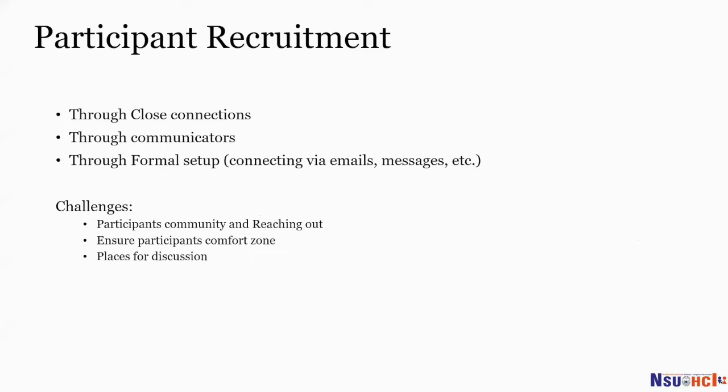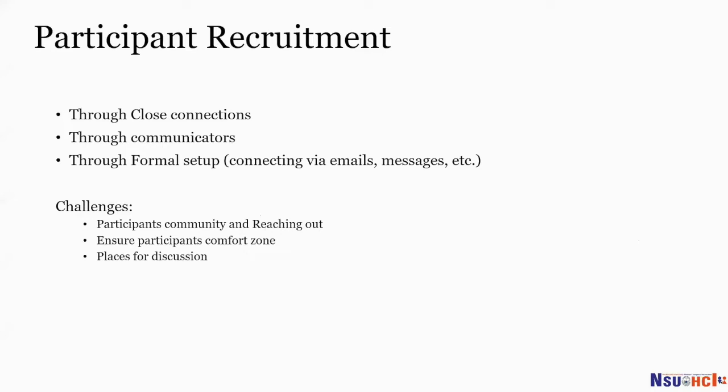Once, we wanted to study the LGBTQ community, but we couldn't reach out to them, and we couldn't get any communicators who had good connections with that community. So we just skipped that part.